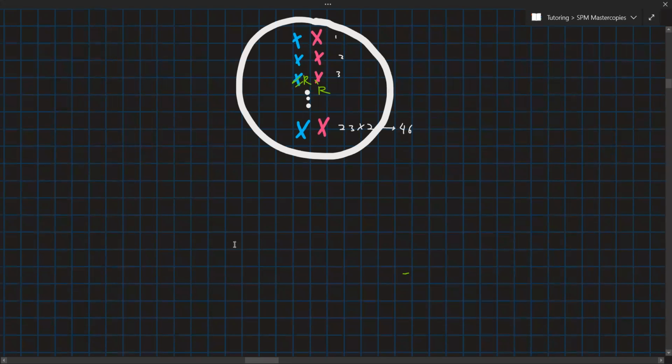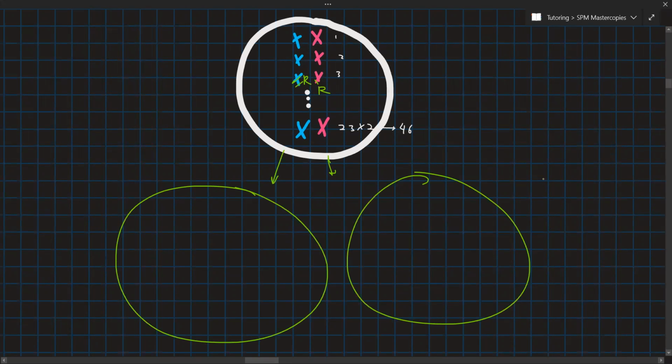So let's look at what happens during meiosis. When meiosis happens, prophase 1, metaphase 1, anaphase 1, telophase 1, basically the homologous chromosomes are pulled to opposite sides. Okay, this is an oversimplification.